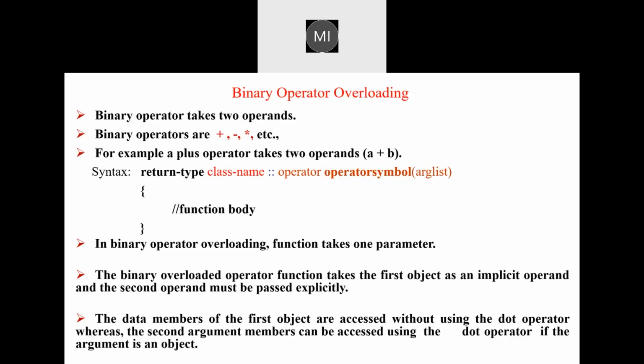C.a is for what? C2. So that means the first object is C1. That's why you are accessing it without the dot operator. And the second argument, which is C2, is accessed by the dot operator. That's why temp.a is equal to a plus c.a, right? So c.a is actually for which one? It's for C2.